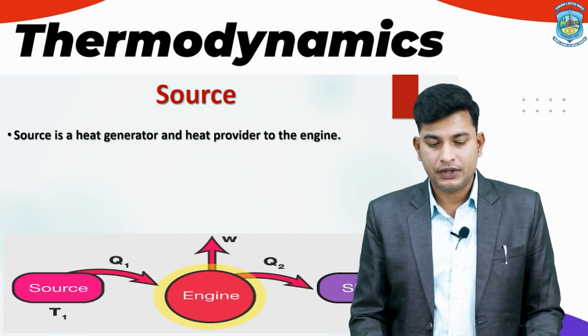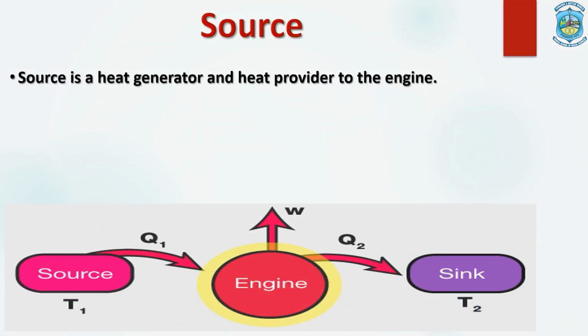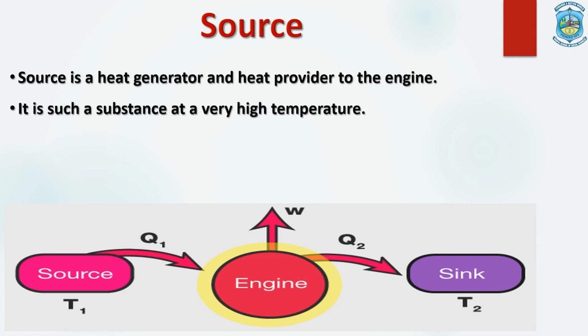Let me start with the description of the source. It is a heat generator or heat provider. As we have discussed, this is the input heat provider for the engine. Generally it is found at a very high temperature, as we all know the phenomenon that energy always travels from a higher temperature range towards a lower temperature range.